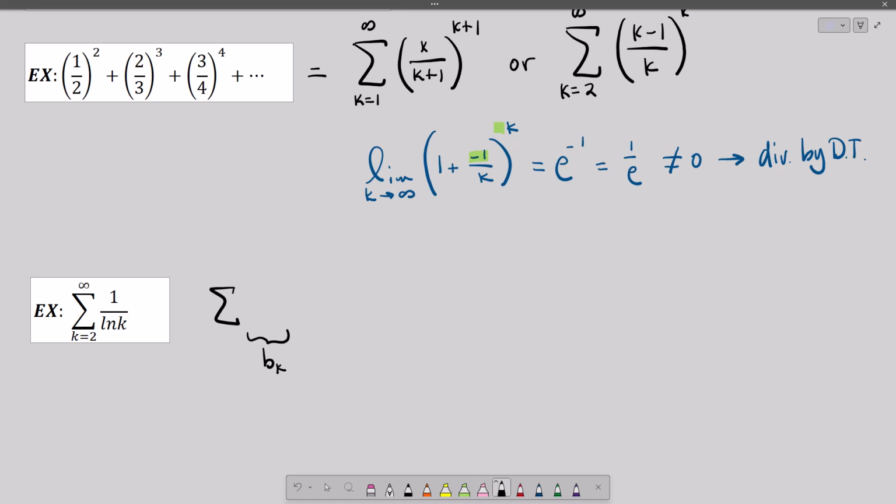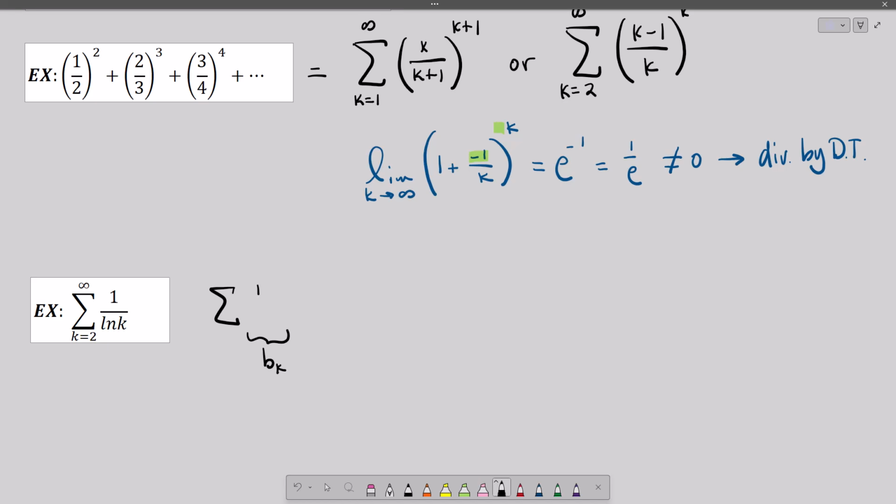And I want you to think back to like the improper integral idea. If we had 1 over natural log of k, certainly these terms are going to 0. Right? Denominator is going to infinity, but they're going to go to 0 slower than 1 over k. Because natural log of k goes to infinity very slowly. It's going to go to infinity slower than just k.